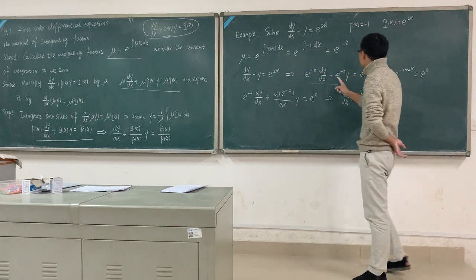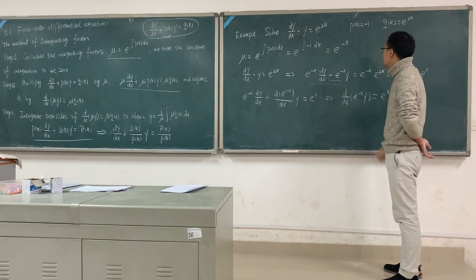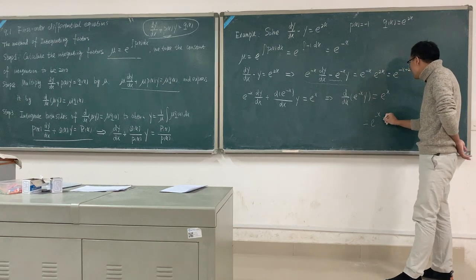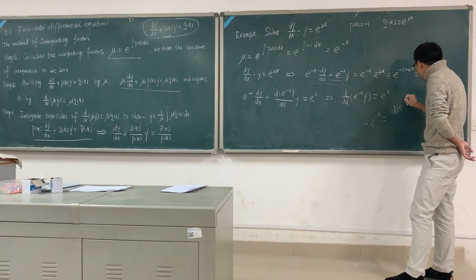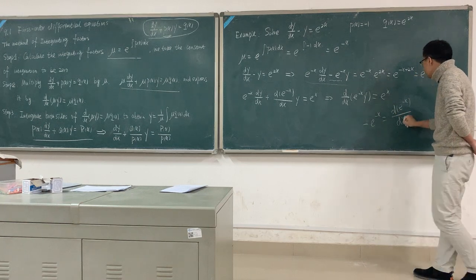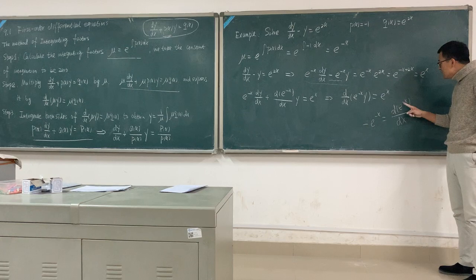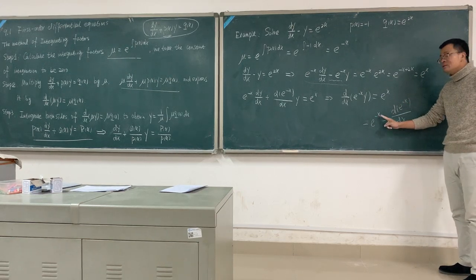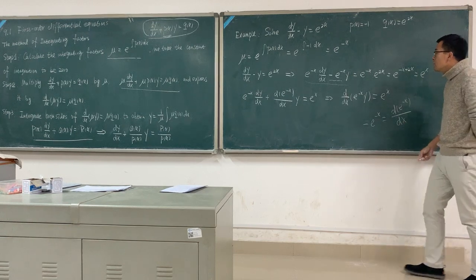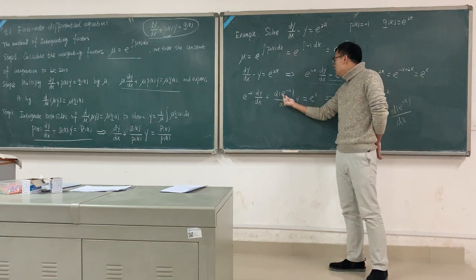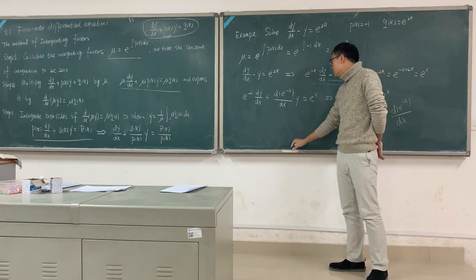Then minus e to the minus x is the derivative of e to the minus x. So we replace this part by d/dx of e to the minus x.